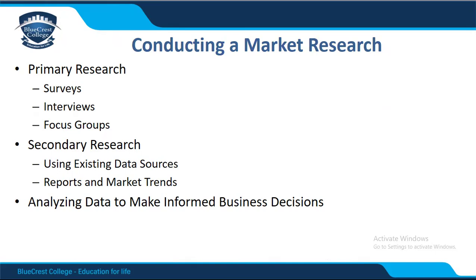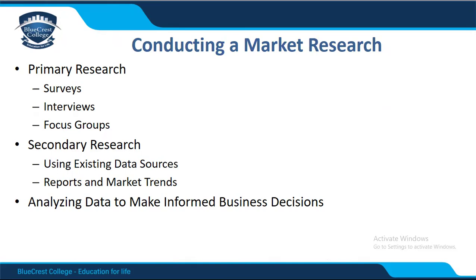So you go out there to meet the potential people. You meet the people yourself, get information from the people, all right? Or you can do a secondary research where you use existing data sources. So with the secondary research, you depend on the data of other people who have gone to take surveys or interviews or focus groups.